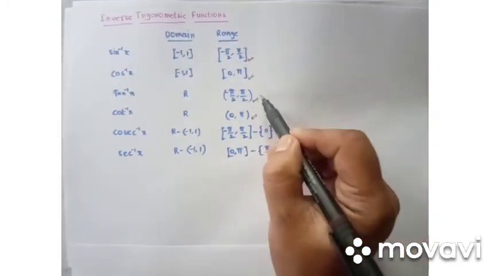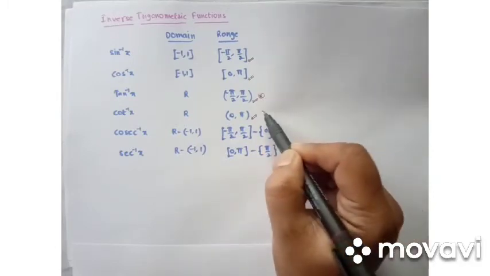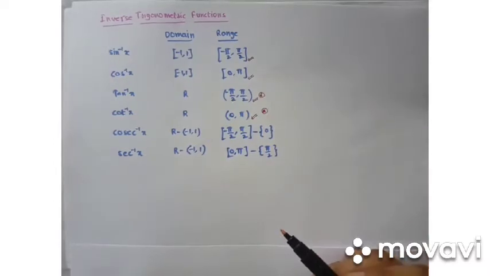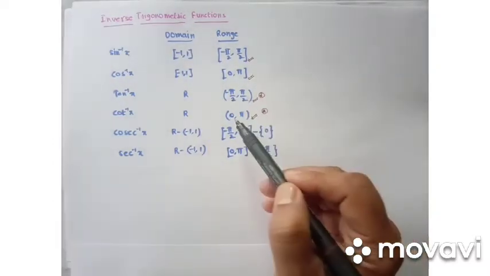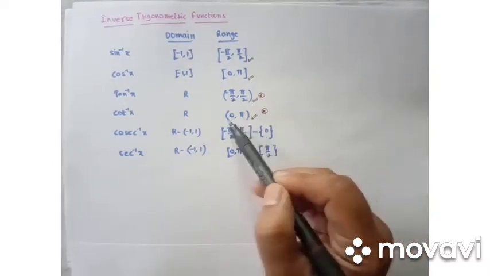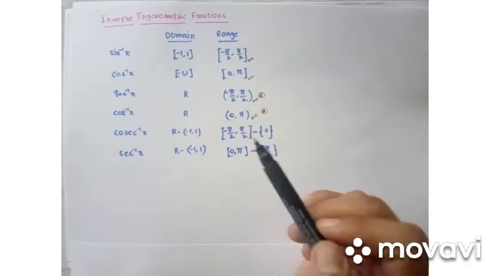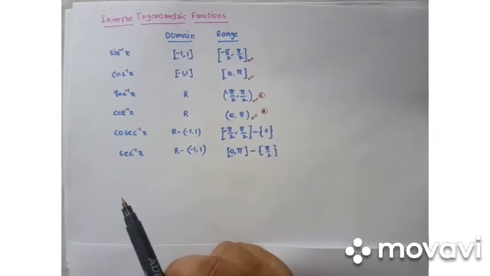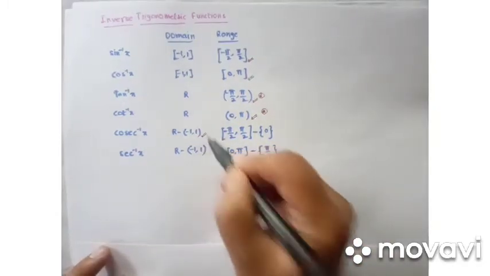So make sure that you understand these two things. Those two are open intervals, minus pi by 2 comma plus pi by 2, 0 to pi, those two are open.